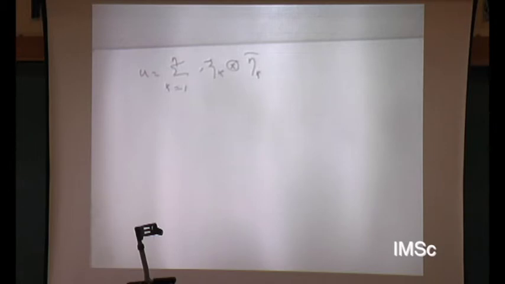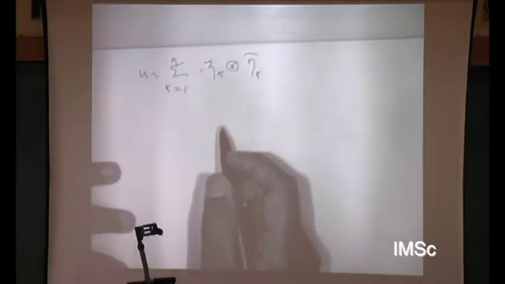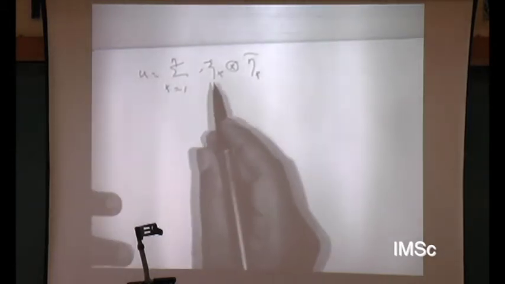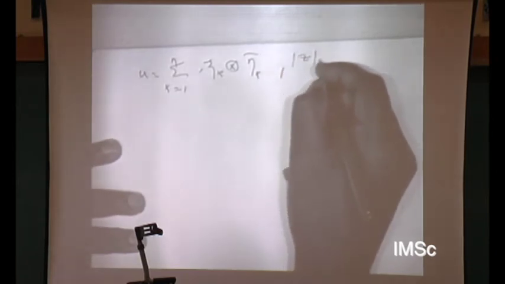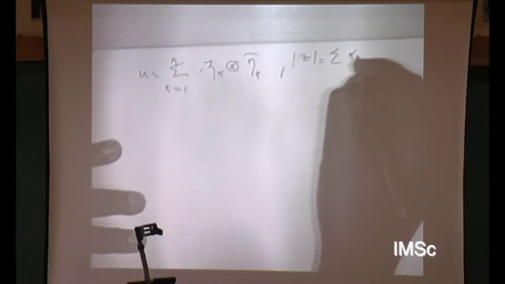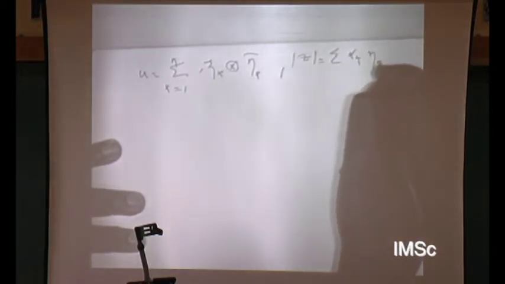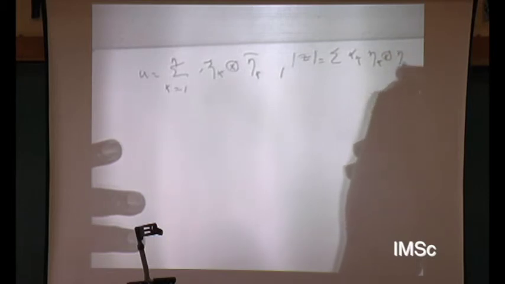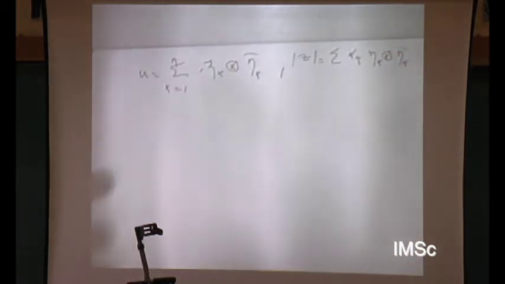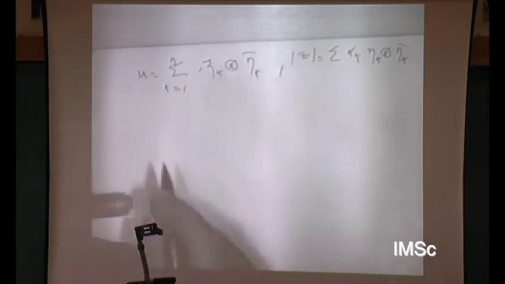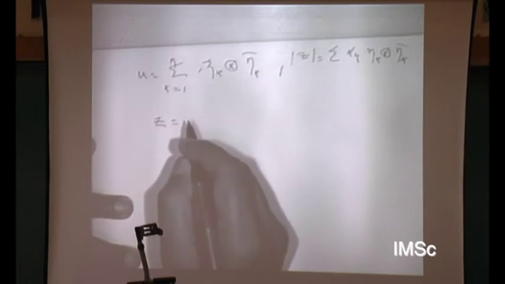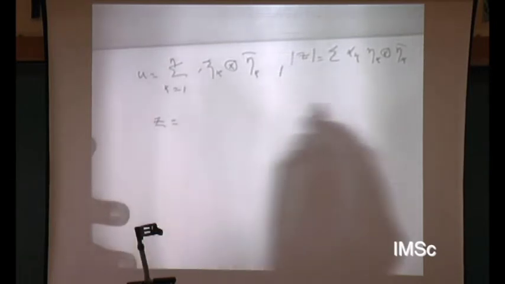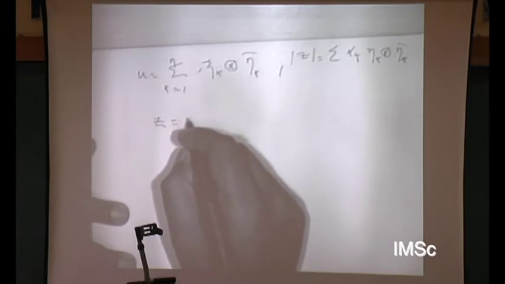It sends the etas to the xi's. These are orthonormal and these are orthonormal. And mod z is summation alpha k eta k tensor eta k bar. So what is z finally? That is u mod z.